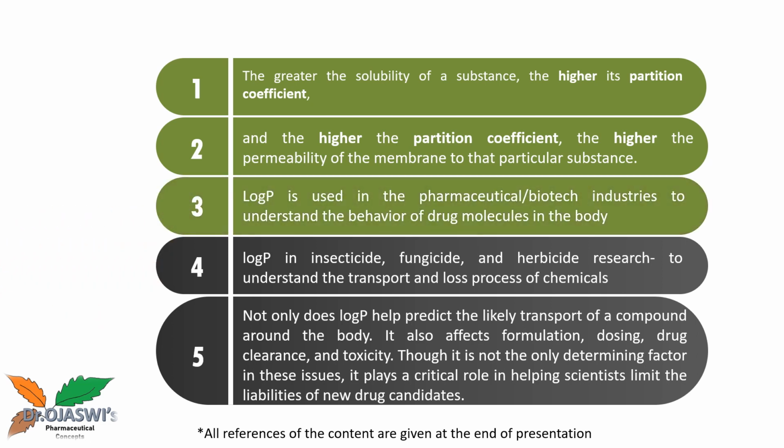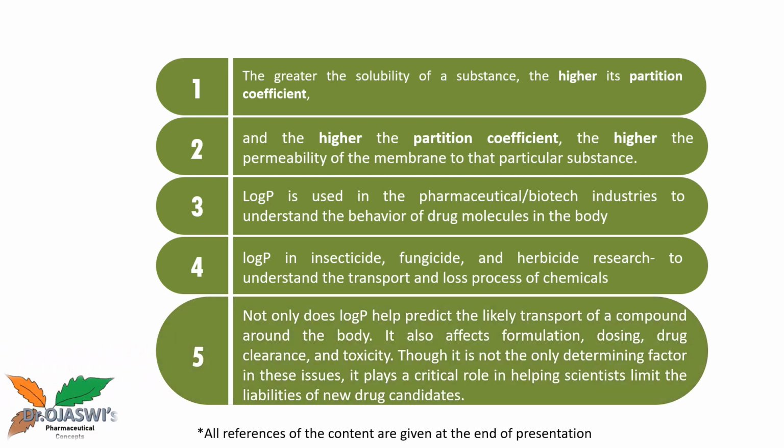Log P is used in the pharmaceutical and biotechnological industries to understand the behavior of drug molecules in the body. In insecticide, fungicide and herbicide research, log P is very important to understand the transport and loss processes of chemicals. Not only does log P help to predict the likely transport of a compound around the body, it also affects formulation, dosing, drug clearance and toxicity.